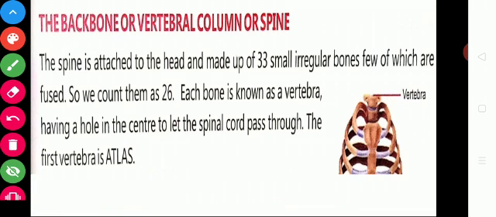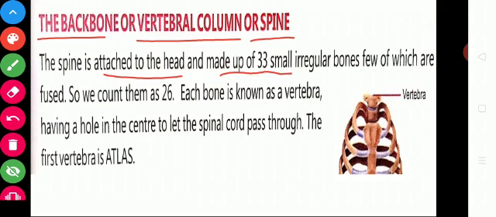Next one is the backbone, or vertebral column, or spine. The spine is attached to the head and made up of 33 small irregular bones, few of which are fused, so we count them as 26.